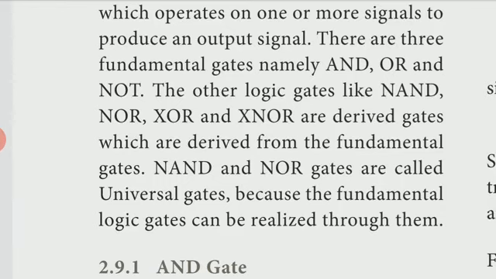AND, OR, NOT are called fundamental. NAND, NOR, XOR, XNOR are called derived gates, and in that, NAND gate and NOR gate are called universal gates.